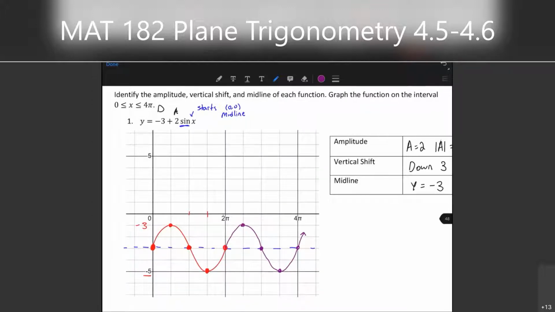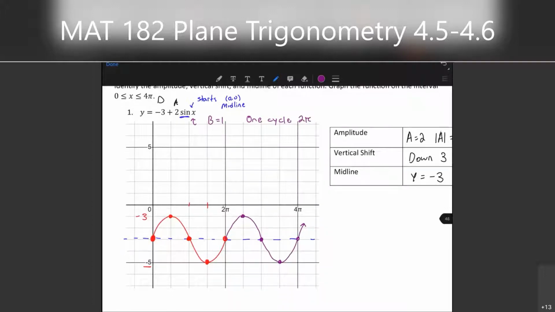Yeah, so notice that this equation here had a b value of just 1, because there's no number in front of the x. So that means that we're going to do 1 cycle in 2 pi. That's our regular period length for the sine function.